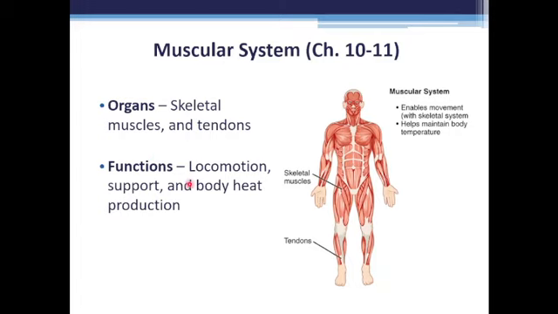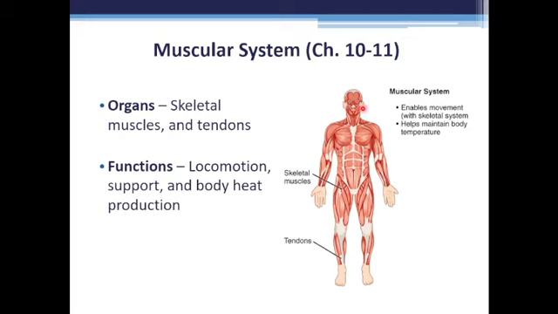The functions are movement, and it also helps maintain temperature, like it states here, body heat production. It also gives support.